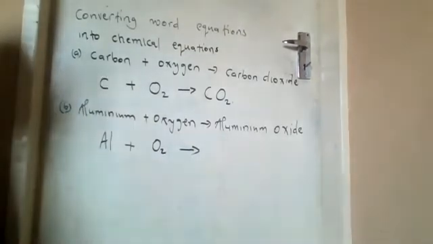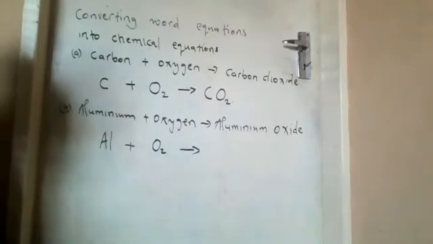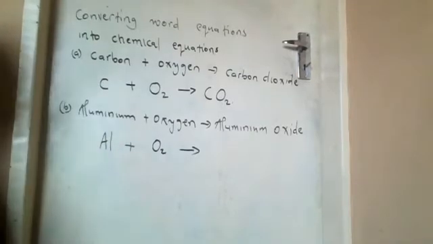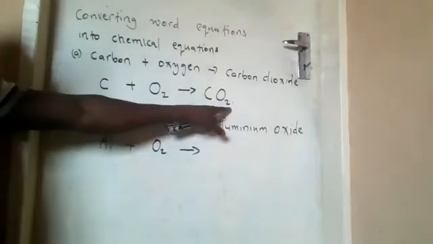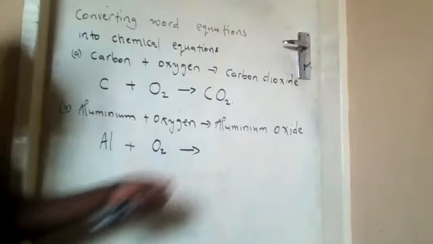Okay, so now the question that we have at hand here is how can we write the aluminium oxide, because aluminium oxide is never found on the periodic table. But the same procedure that we had followed when writing carbon dioxide is the same procedure that we're going to follow here.